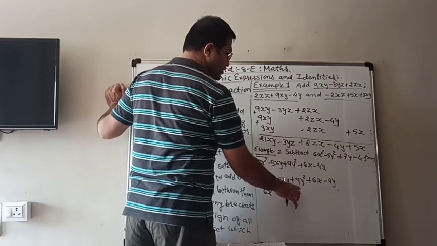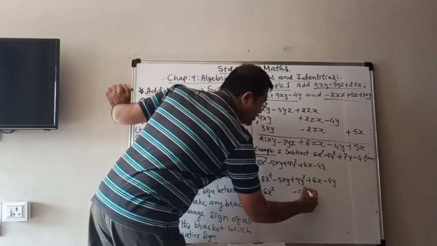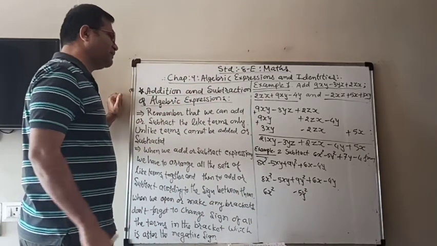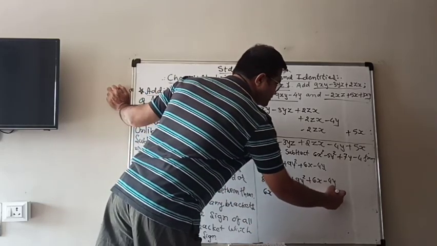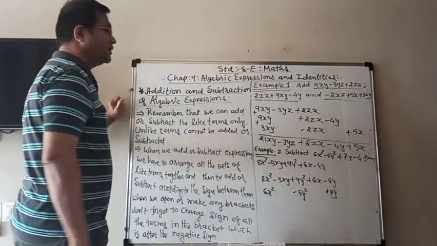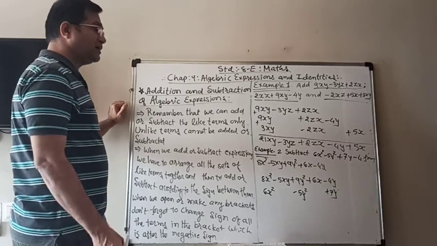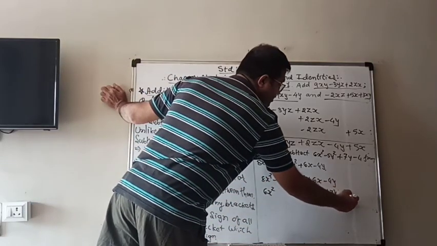Minus 5y square: y square is here, so we write minus 5y square. Plus 7y will be here, and minus 4 is alone, so we will write down minus 4 here.